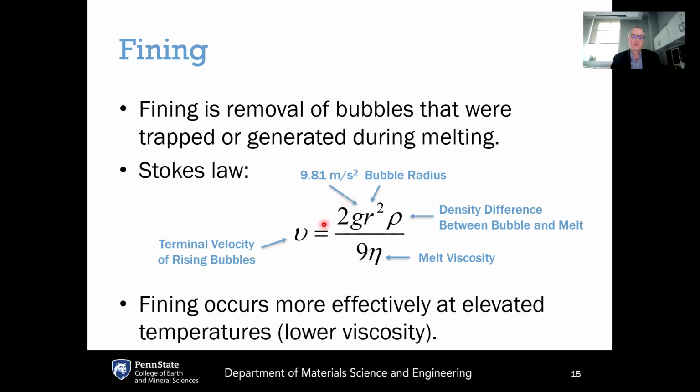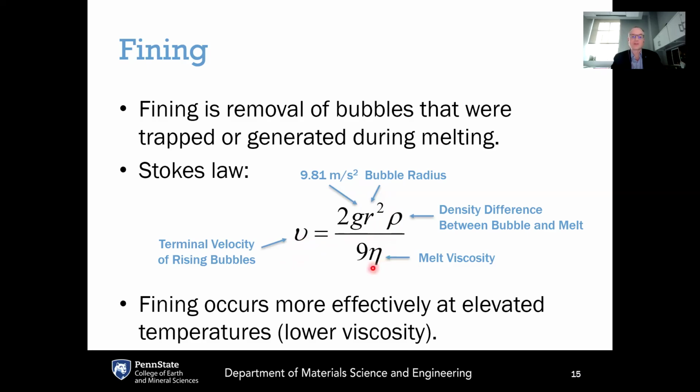So if we want to make the fining process go faster and get rid of the bubbles faster, there are a couple of things that we can do. We can either try to increase the size of the bubble radius, because the radius here is coming in as R squared. So if we can increase the size of the bubbles, that would greatly accelerate the velocity of the rise.